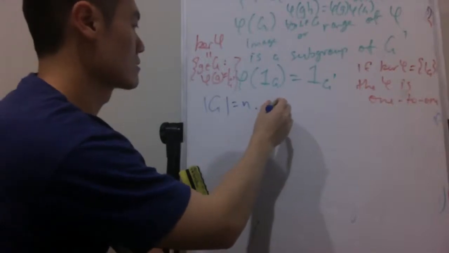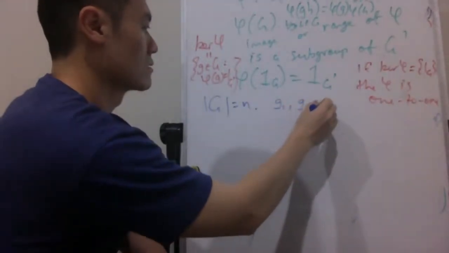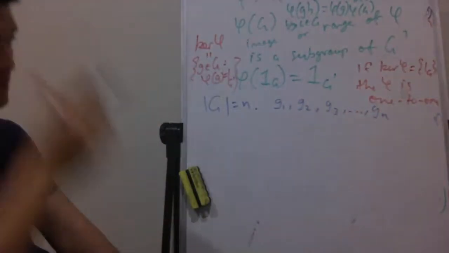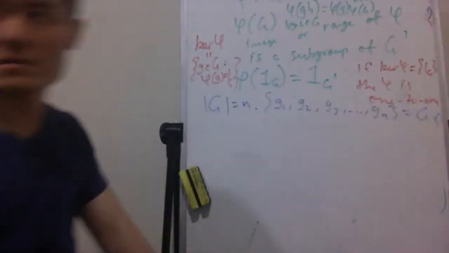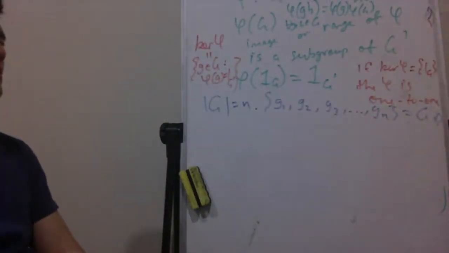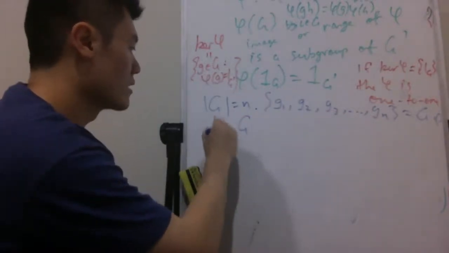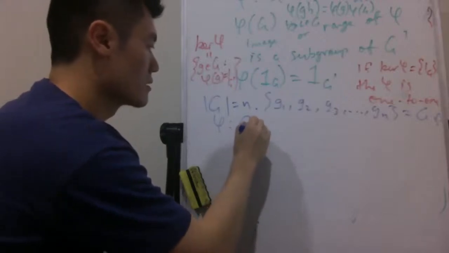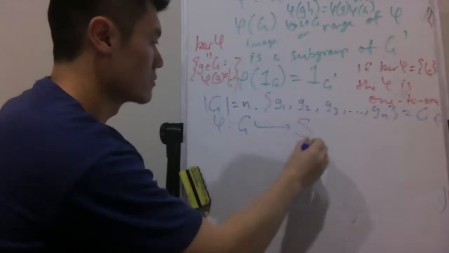So like g1, g2, g3, gn, and that's equal to G. And then we're trying to define a map phi from G injectively into the symmetric group on n.